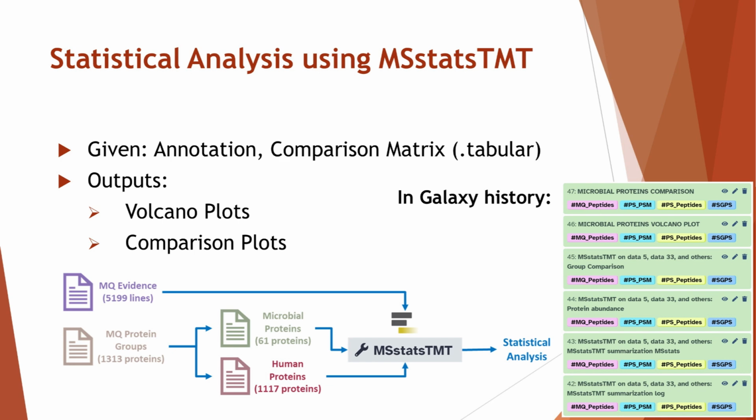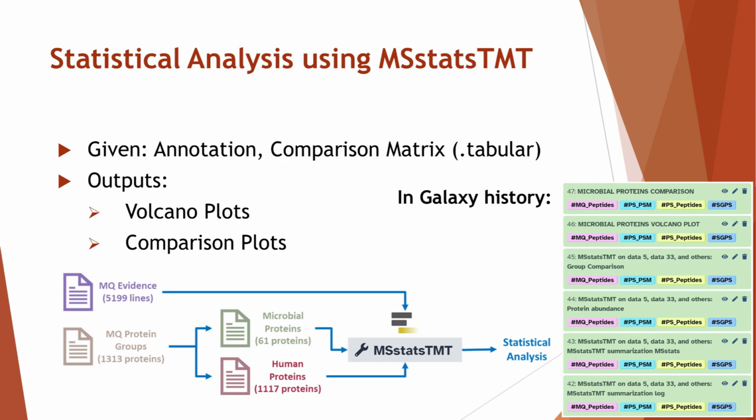This tool does require an annotation file and a comparison matrix file. The comparison matrix can sometimes be referred to as a contrast matrix as well. We have provided these files for convenience.